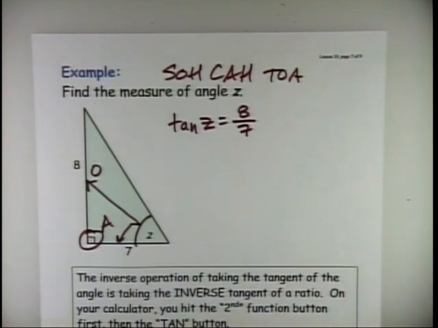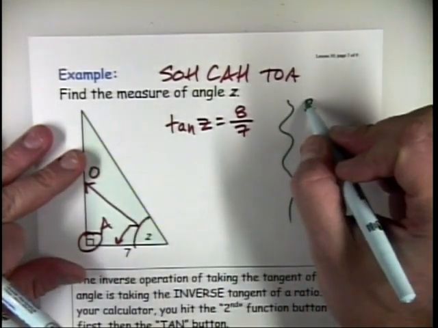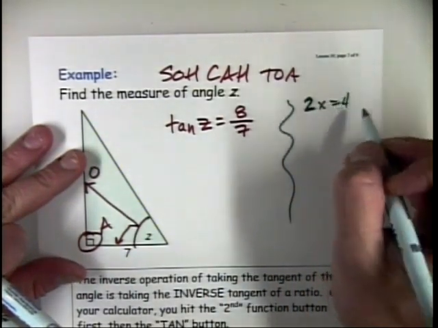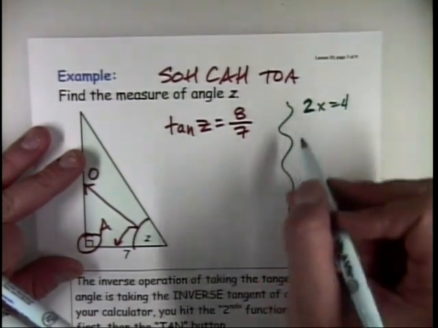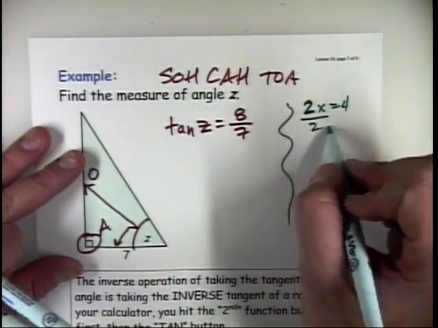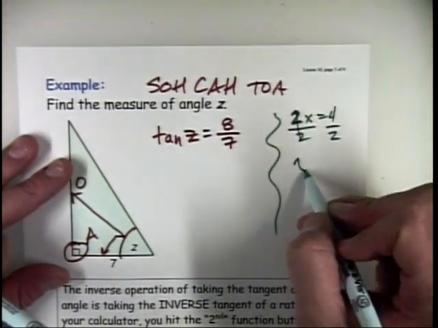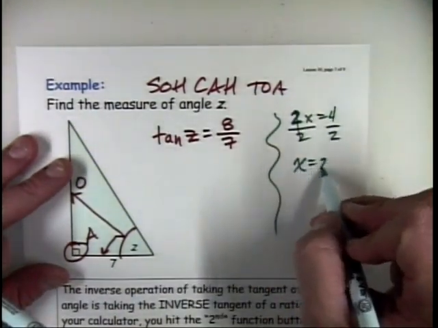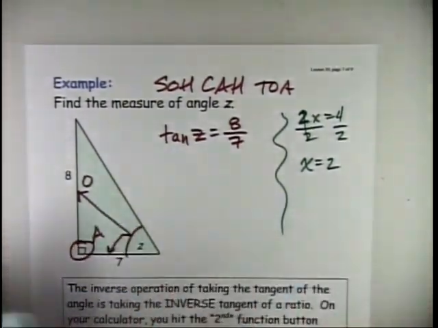Now, we've got to talk about how to solve this on your calculator. Previously in an algebra class, if you're trying to solve for a variable, like let's say you had 2x equals 4, you're currently multiplying your x by 2. The inverse operation of multiplying by 2 would be to divide by 2. So dividing both sides undoes the multiplication, and that's what allows you to isolate your x. Pretty easy. But what's the inverse operation of taking the tangent of an angle?